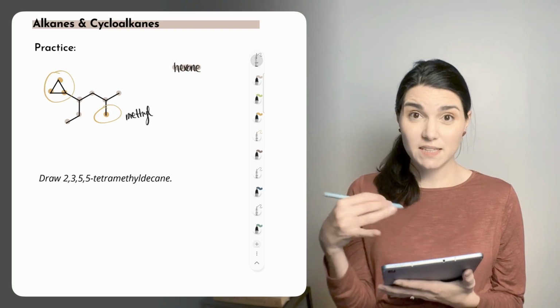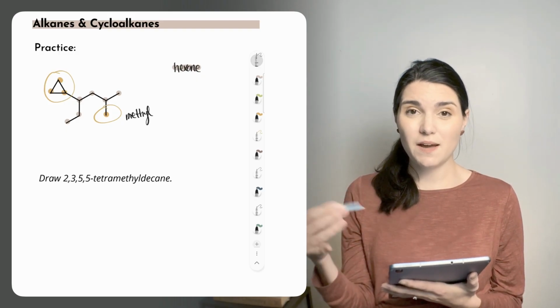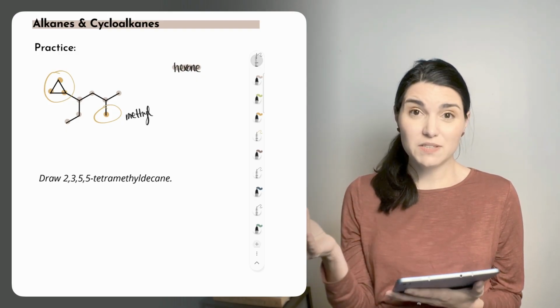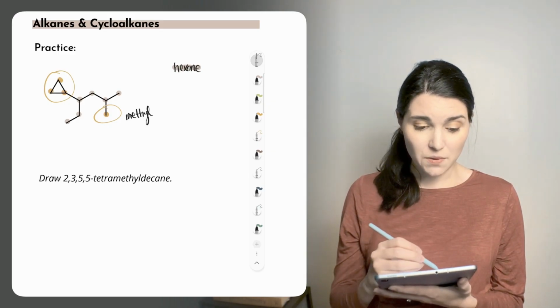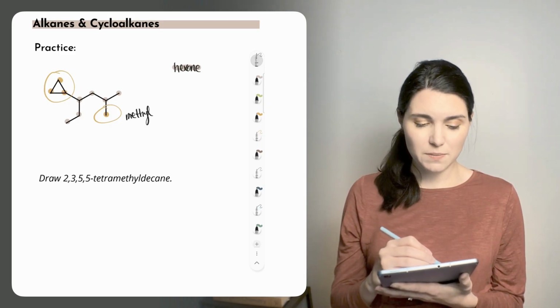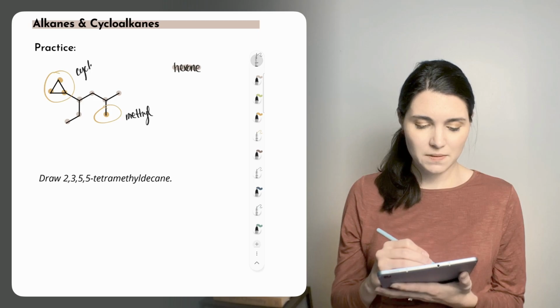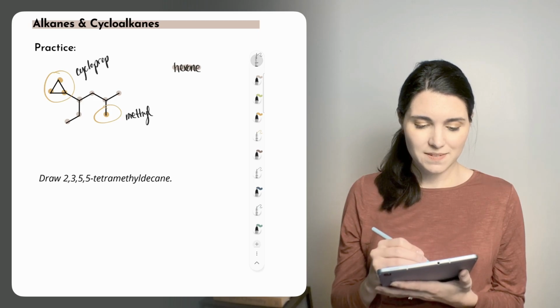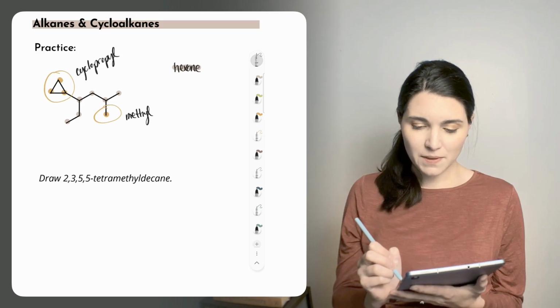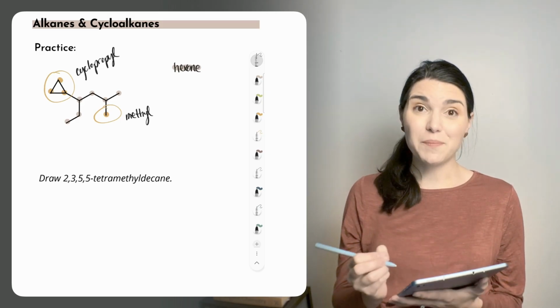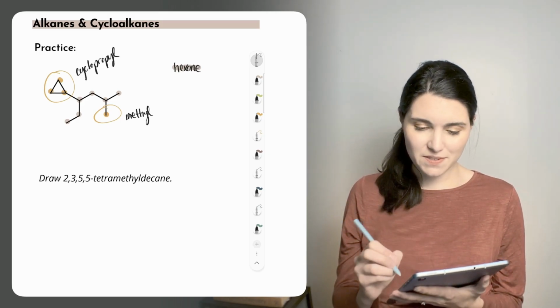And so when you have a cyclic substituent, it's the same as how you would name a linear substituent, but you just put cyclo in front of it. So 3 carbons would be a cyclopropyl substituent. And we're going to arrange these alphabetically in front of the parent structure.